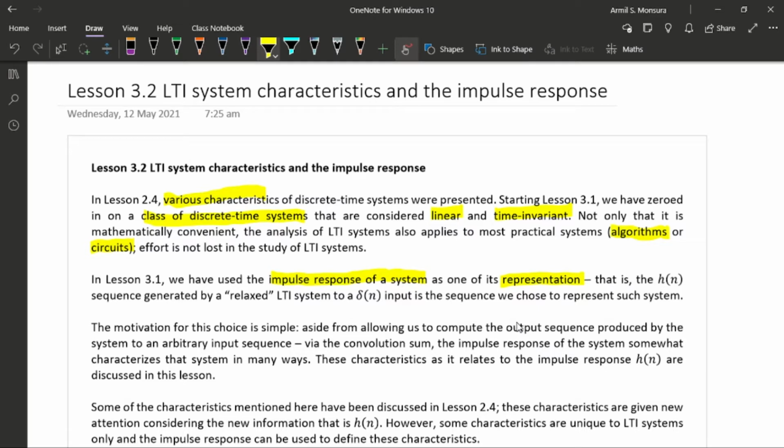In general, every system, regardless if it is LTI or non-LTI, can be represented using input-output relations, while specifically, a relaxed LTI system can be represented by what we call the impulse response, that is the sequence generated by that system to a unit sample sequence input.